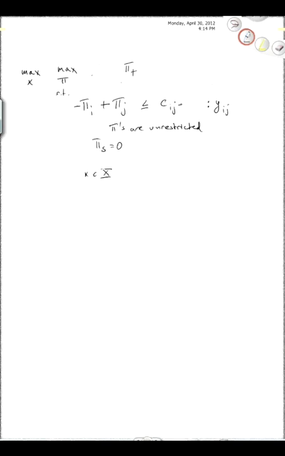So over here, we should really have a plus dij xij, because this entire thing was the coefficient of the y variable before taking the dual. And so now we're pretty happy because both the x variables and the pi variables are doing the same thing. They're both trying to maximize.